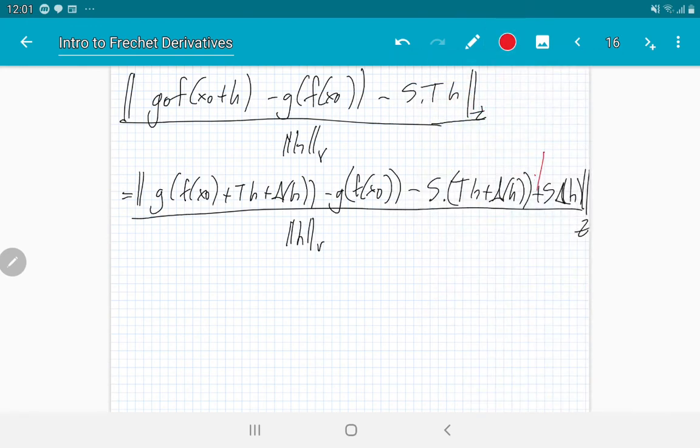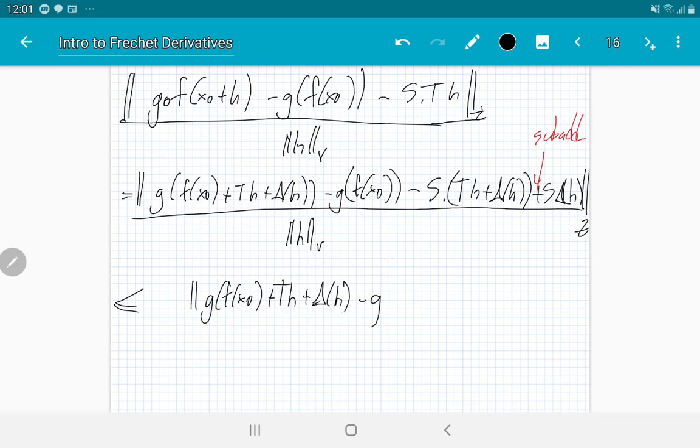Now I'm going to break this in two, using subadditivity of the norm. So I have that this is less than or equal to a quotient that's very similar to what we had in the previous slide: the norm of g of f of x0 plus T times h plus delta of h minus g of f of x0, minus S times T h plus delta h, in Z, divided by the norm of h, plus S times delta of h divided by the norm of h.